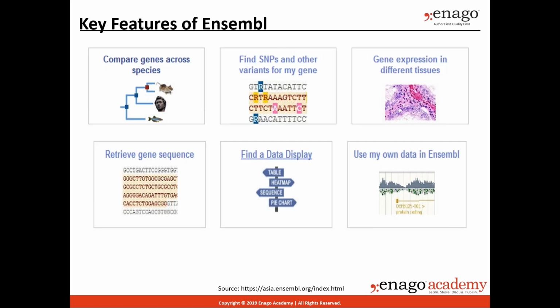Key features of Ensembl: compare genes across species, find SNPs, single nucleotide polymorphisms, and other variants for your gene of interest. Look for gene expression in different types of tissue. Retrieve gene sequences, find a data display, or use your own data in Ensembl.